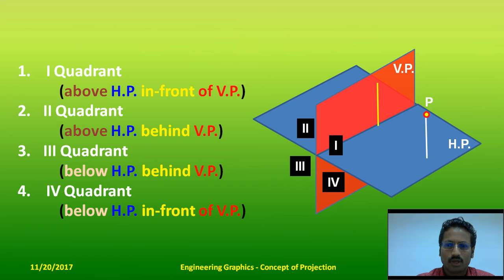Now look at this object. We are going to have the observer at infinity, standing directly above and casting a ray, as well as an observer who is standing in front of VP casting a ray. So the height of the object is seen by an observer who is getting the front view, and the height of the point P above the HP is shown as a yellow color line.